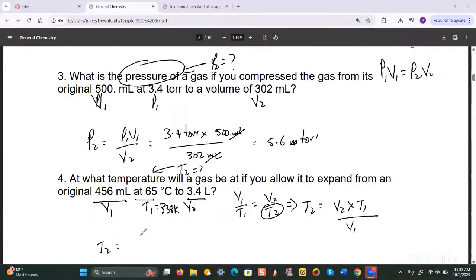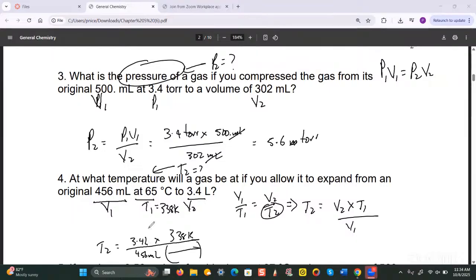So V2 is 3.4 liters multiplied by T1, which is 338 Kelvin. And then we divide that by V1, which is 456 mils. However, we need to add something here because we have liters here, we have milliliters here.